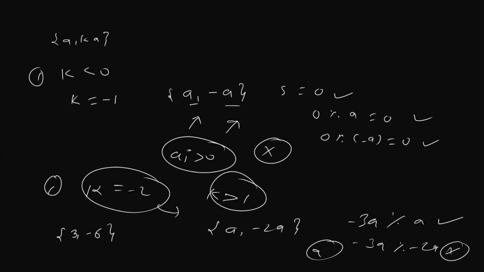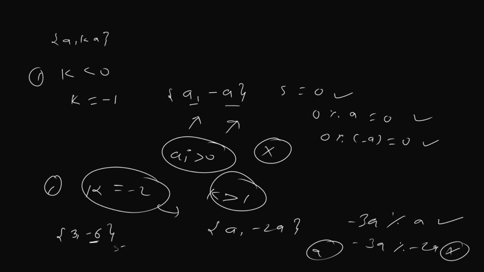We know this array is not valid, but I just want to verify this. When one element is a and another is -2a, what is the remainder we are going to get when we divide by this number, that is smaller? I just got confused, because I told you earlier that when we have two numbers, one bigger than the other, then if you divide by the bigger number, we are going to get the smaller number as the remainder. But in this case, are we going to get the smaller number as a remainder? Let's see.